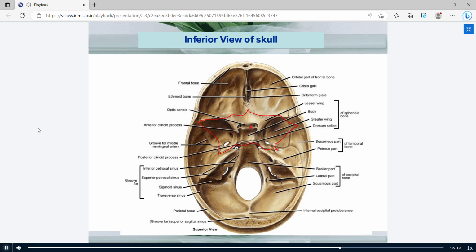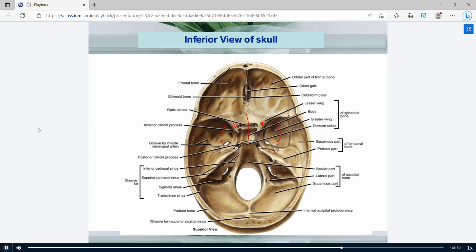It's a very, very important bone. On the internal surface, you can see the body, the lesser wing, and the greater wing.